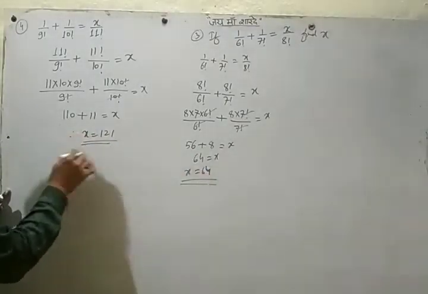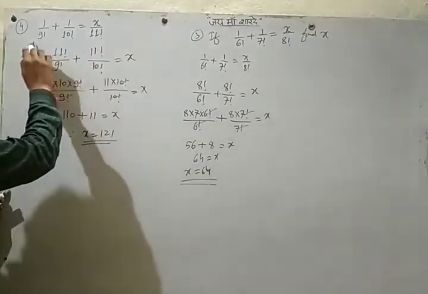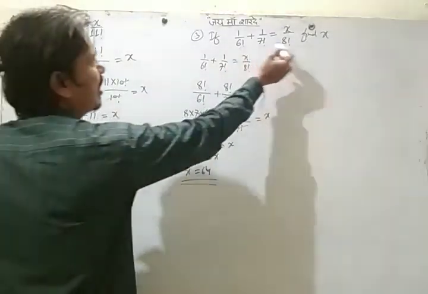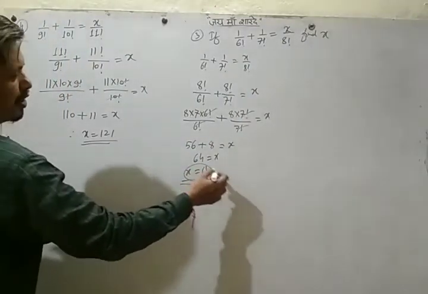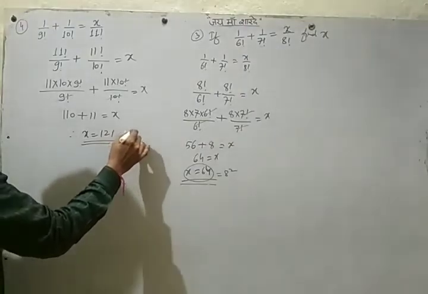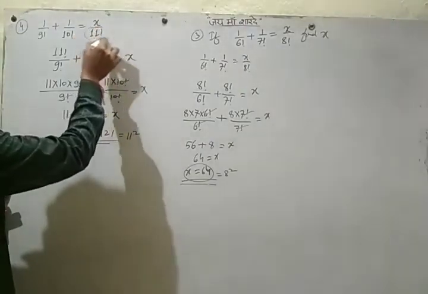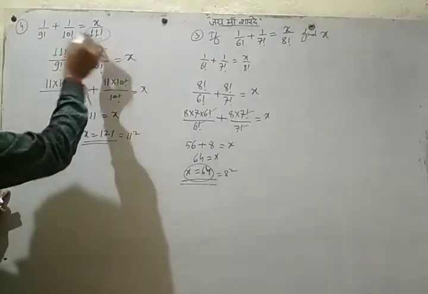Here x is 64. Here x is 121. And if you see here, 9, 10, 11 are continuous numbers. Consecutive numbers are there. Here 6, 7, 8. Again consecutive. So here the answer is 64, that can be written as 8 square. Here it is 121, it is 11 square. So if you have a question like this, its answer will be its square.